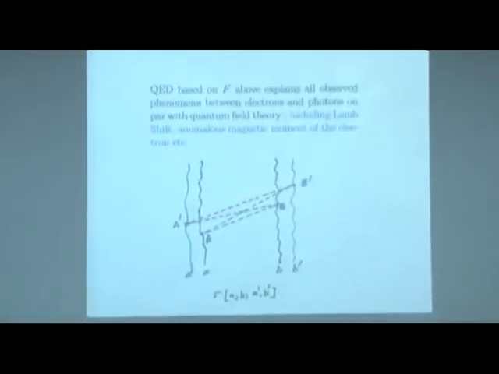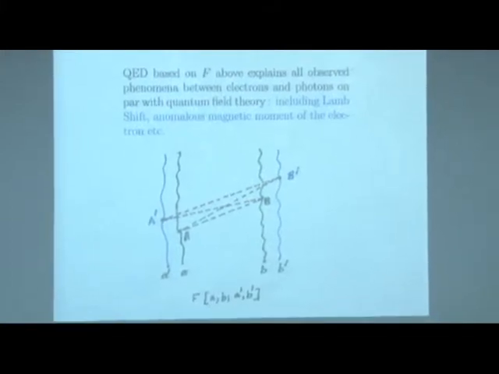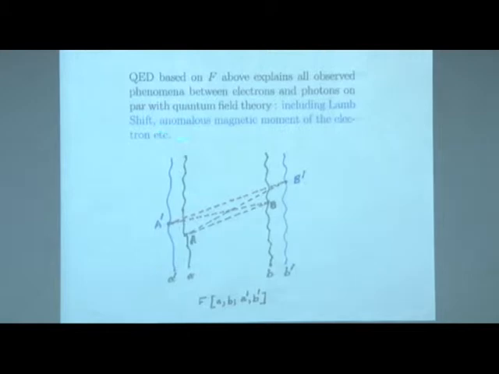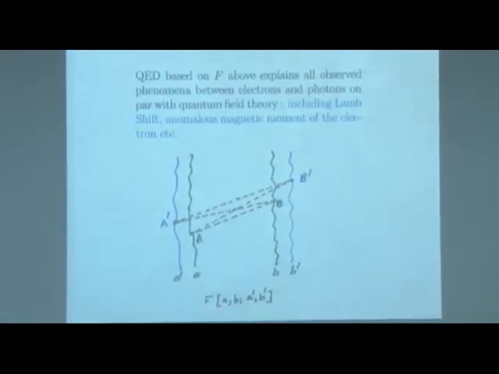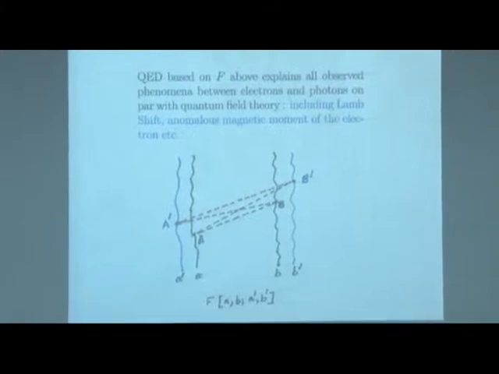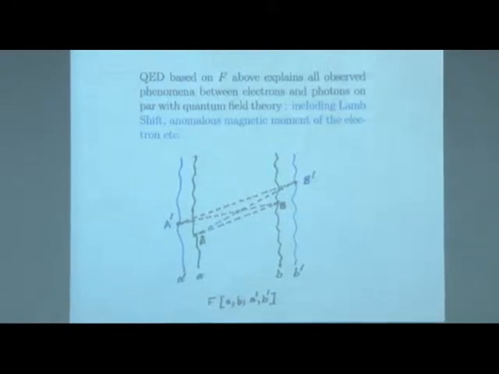Normally, you would expect the electron to have a certain magnetic moment proportional to h cross, but you actually observe something extra, and that extra comes from interaction with, supposedly, the vacuum, and in terms of these zero point energy and so forth.